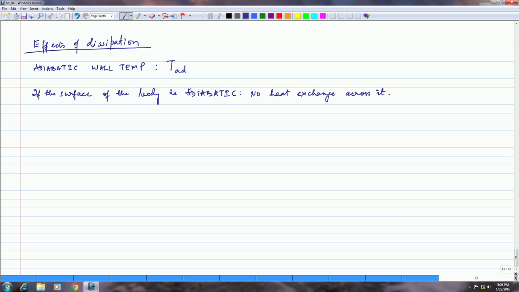However, in this particular case, due to the dissipation effects, the wall temperature increases well above the surrounding temperature.